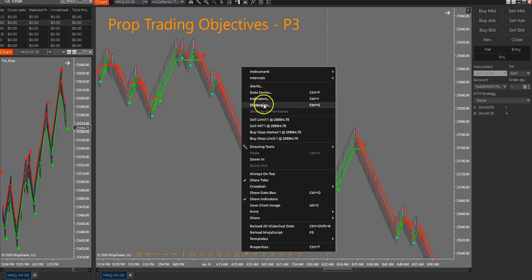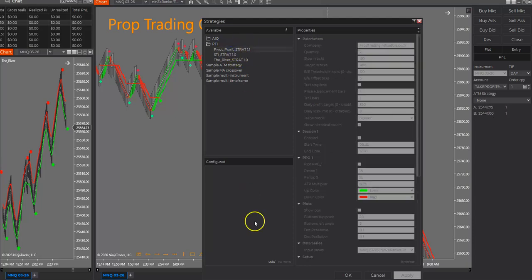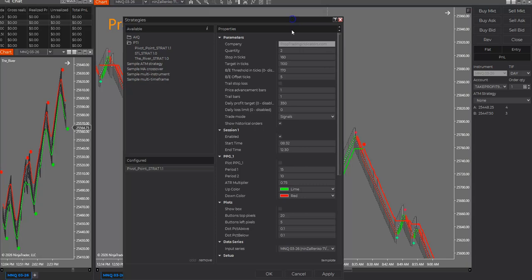But let's go into strategies. Let's say I'm going to attach a strategy, or I had a strategy attached on this particular day. And in here, let's say I'm trading a smaller account, so I'm going for 2 contracts. I'm going to have a stop in ticks. Everything is always in ticks, not points.